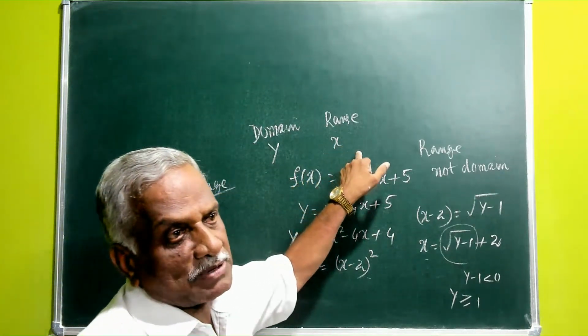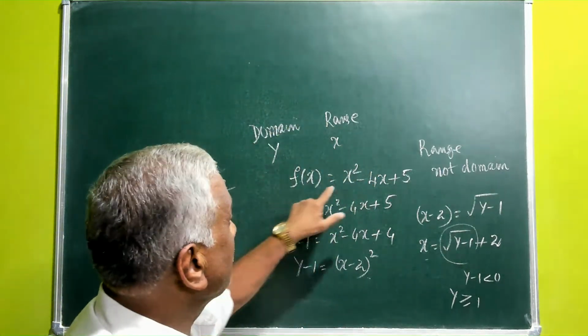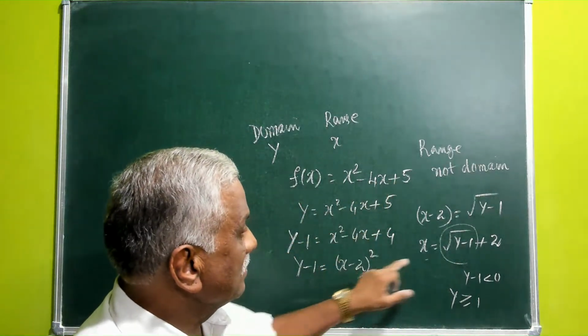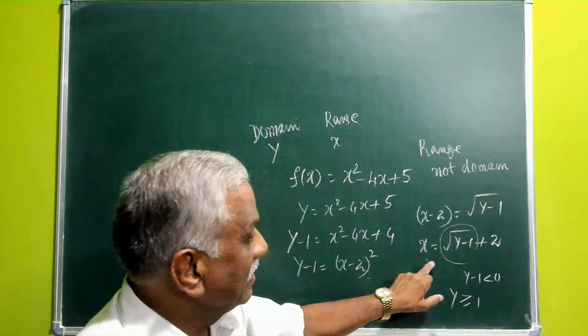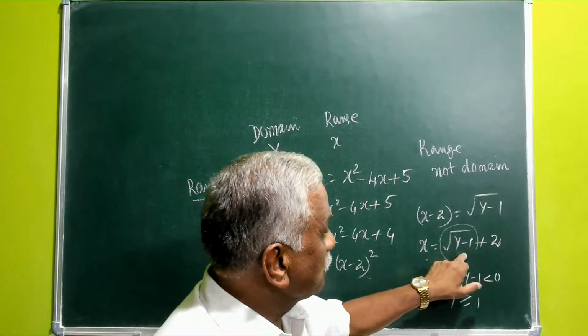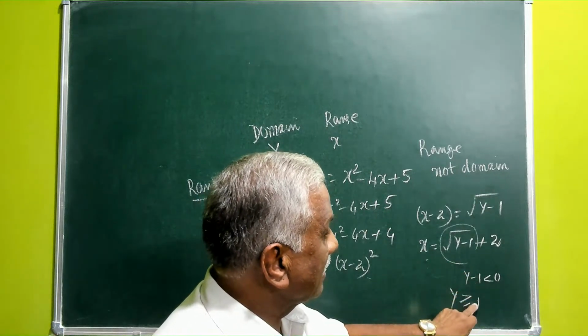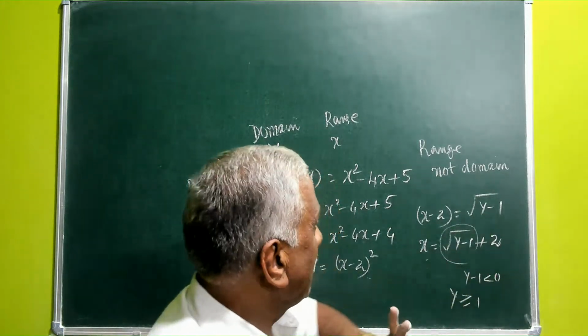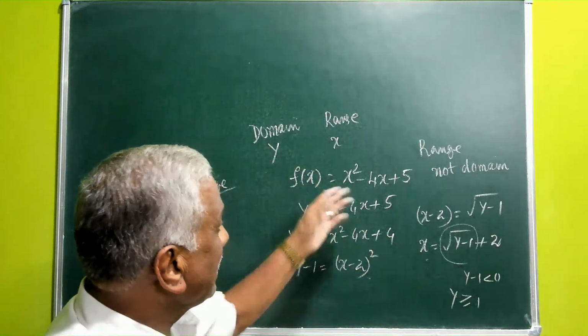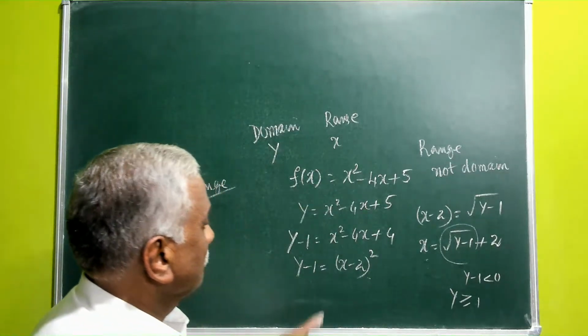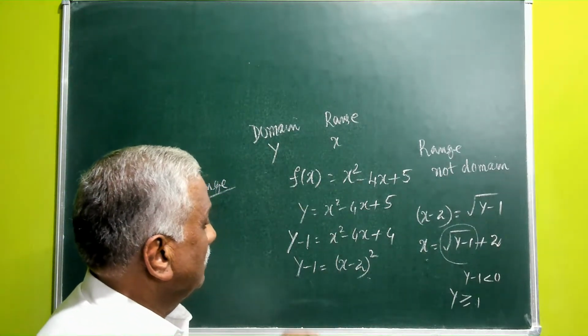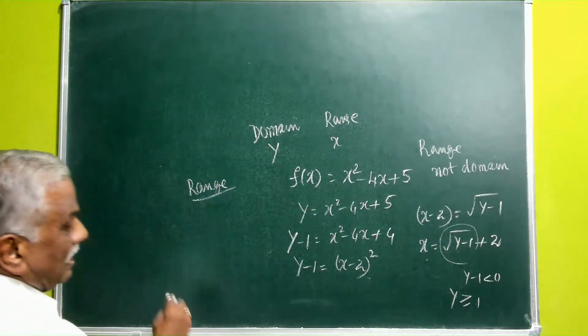For range, you have to find an expression for x. So, for example, in this problem, they have asked range, so we find an expression for x, and this should not be negative, therefore y should be greater than or equal to 1. Plus 2 is okay. Similarly, if they ask the domain for this function, then we have to find the value of y.